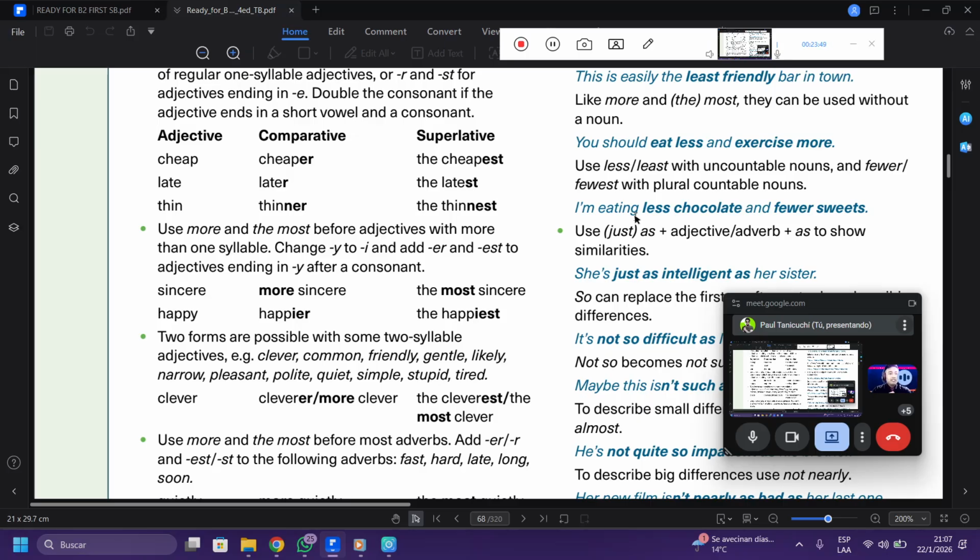Next, we use less and least with uncountable nouns, and fewer and fewest with plural countable nouns. This is important. Okay, as you can see here, I am eating less chocolate and fewer sweets. Chocolate is an uncountable noun, and sweets is a countable noun. So one more time, your examples, please. I want to hear from you, Adela. Give me a minute. I'm thinking, teacher. It is too much information. All right.